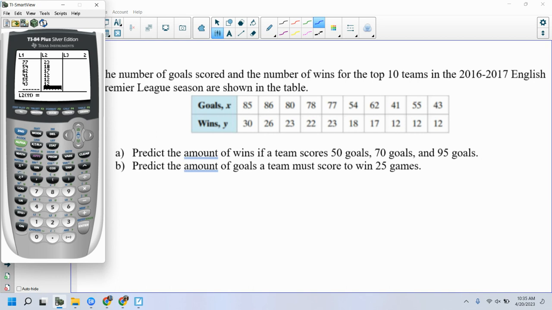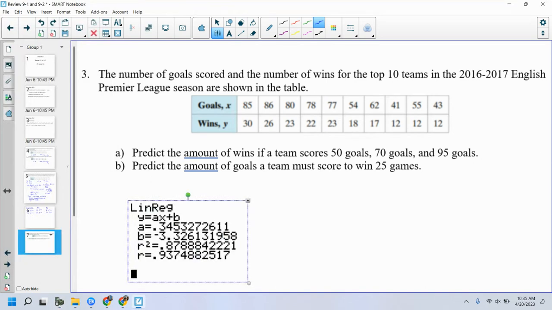Okay, so let's see. Do I have a relationship? Yeah, pretty strong positive relationship, right? Which was to be expected. The fact that I'm going to score more goals basically means that I'm going to win more games, right?